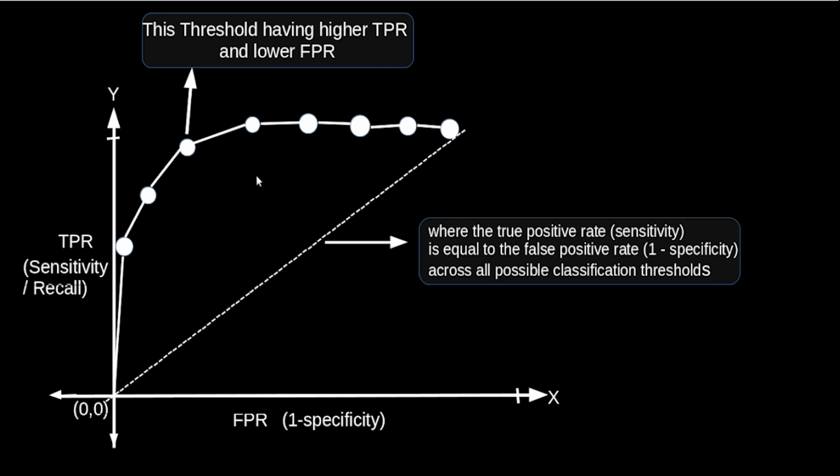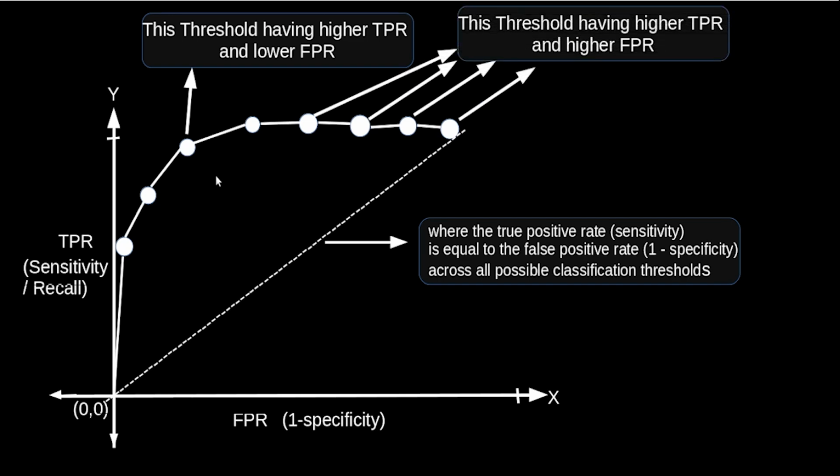If our problem statement prioritizes maximizing the true positive rate and minimizing the false positive rate, in that case we should select this point of threshold, because it is the best threshold for your model if you want to maximize true positive rate and minimize false positive rate.